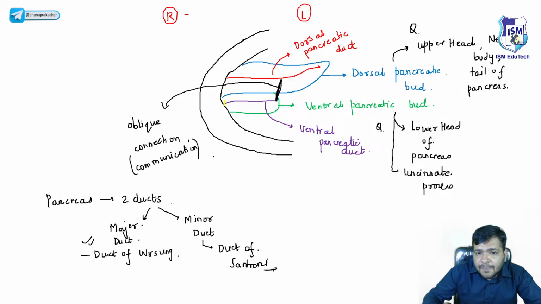So the proximal ventral pancreatic duct, I mean this whole ventral pancreatic duct, along with this oblique connection, guys, and the distal part of the dorsal pancreatic duct, it will form the major duct of the pancreas, and it is the duct of Wirsung, and it will open into the duodenal papilla.